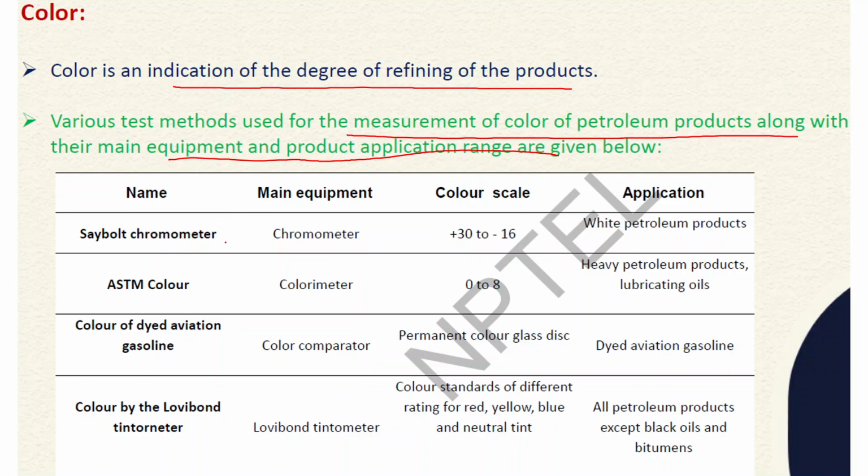These are some of the equipment: the Saybolt chromometer, ASTM color, the color of dyed aviation gasoline, and the Lovibond tintometer. All these instruments are used for measurement of the color on a color scale for different kinds of petroleum products.